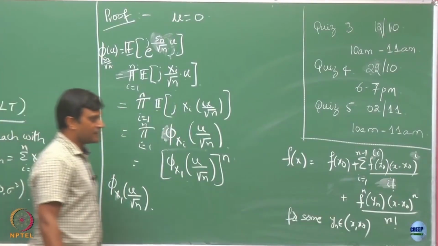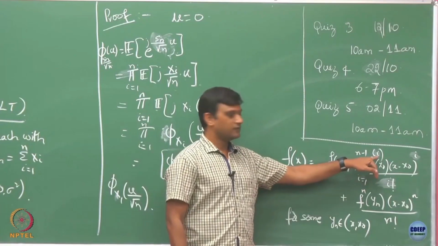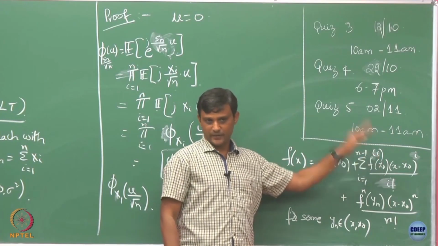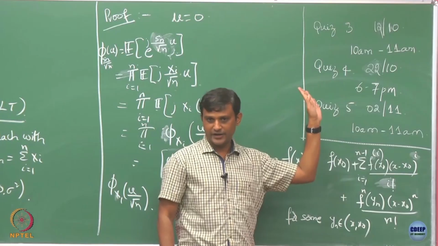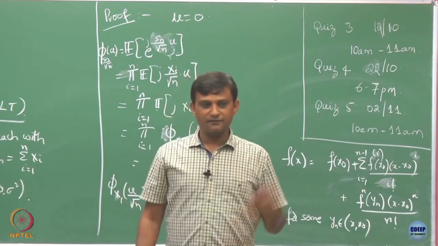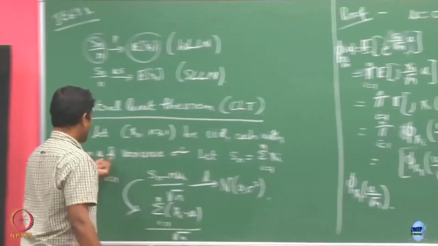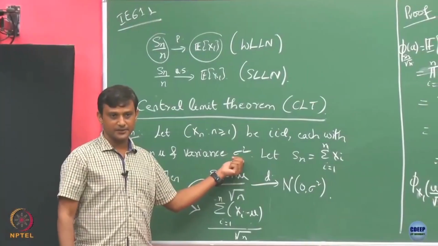Now this Taylor expansion involves the first derivative, second derivative and higher order derivatives, right? But we will be interested only in the first and second derivatives because I have only first order and second order statistics here.